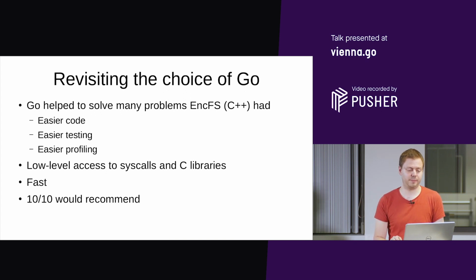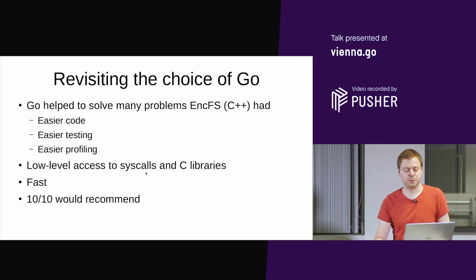And I think having it in Go helped to have easier code, easier testing, and easier profiling, and it also still provided the tools to call into C libraries like OpenSSL, and also to do syscalls.